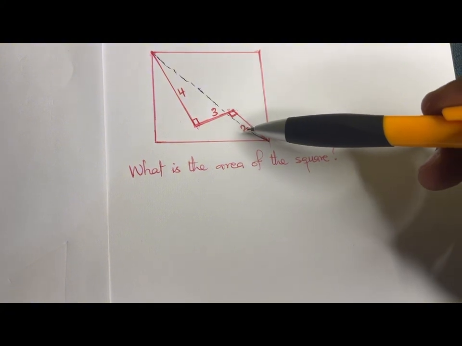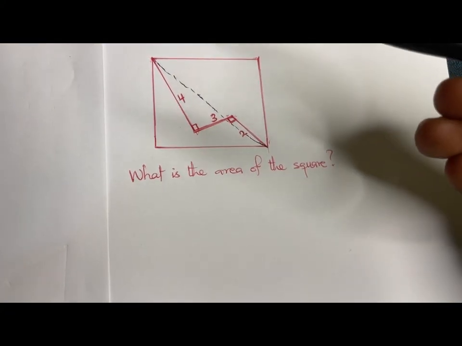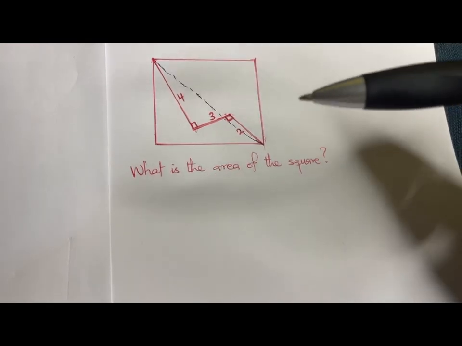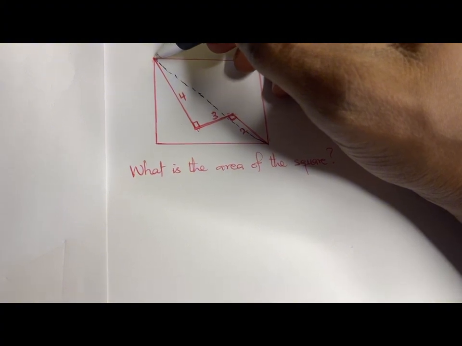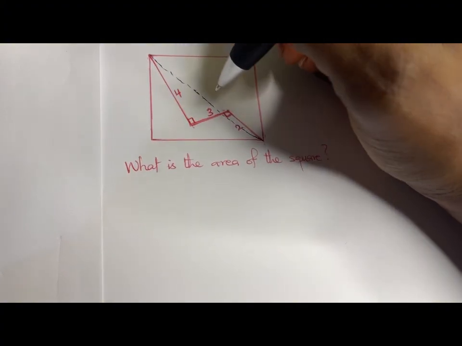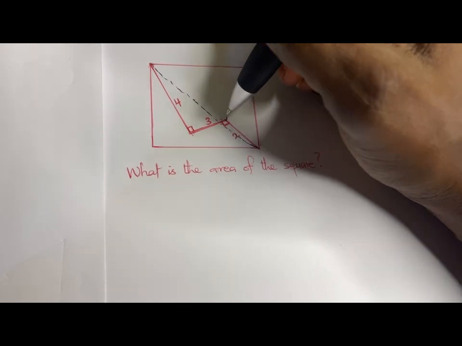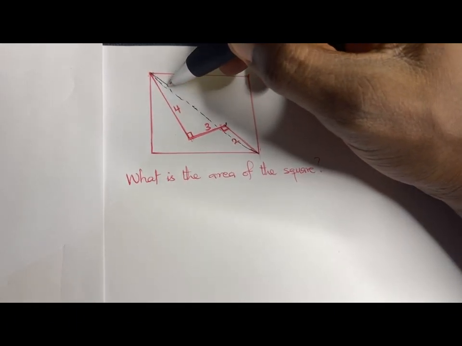triangle down here. Or in other way, what we can do is to join this point here to this vertex here. So we have something like this.